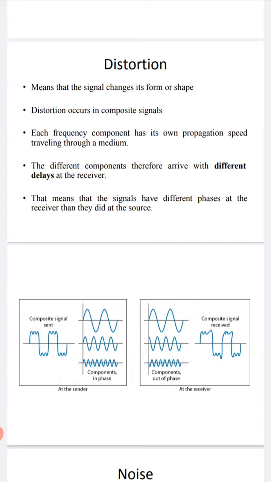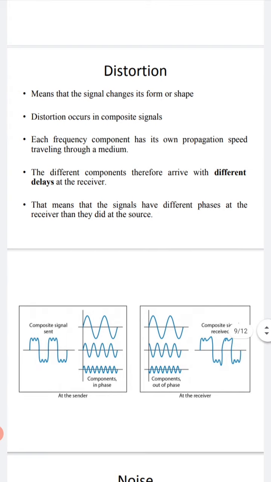Each frequency component has its own propagation speed traveling through a medium. The different components therefore arrive with different delay at the receiver. This means that the signals have different phases at the receiver than they did at the source.